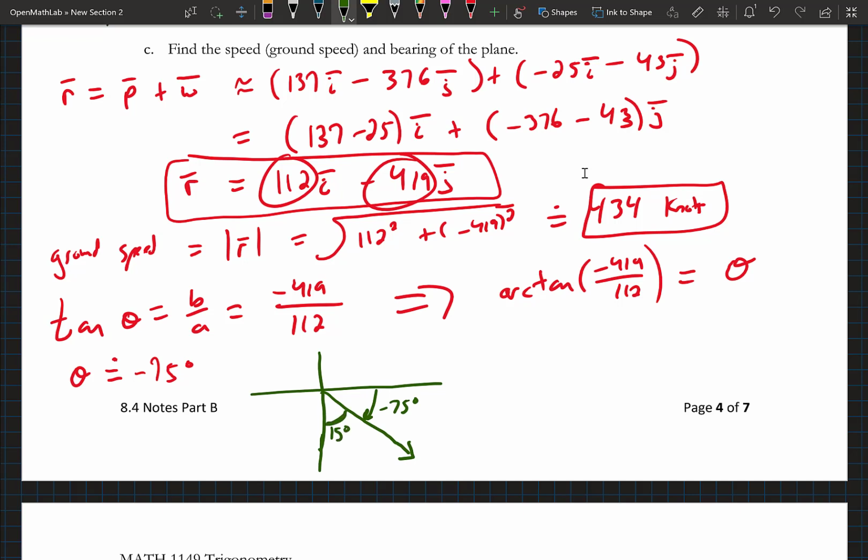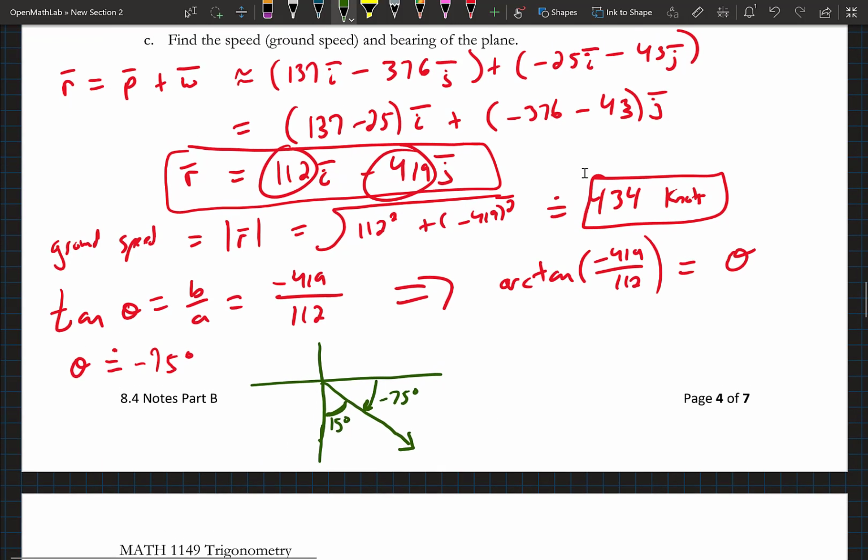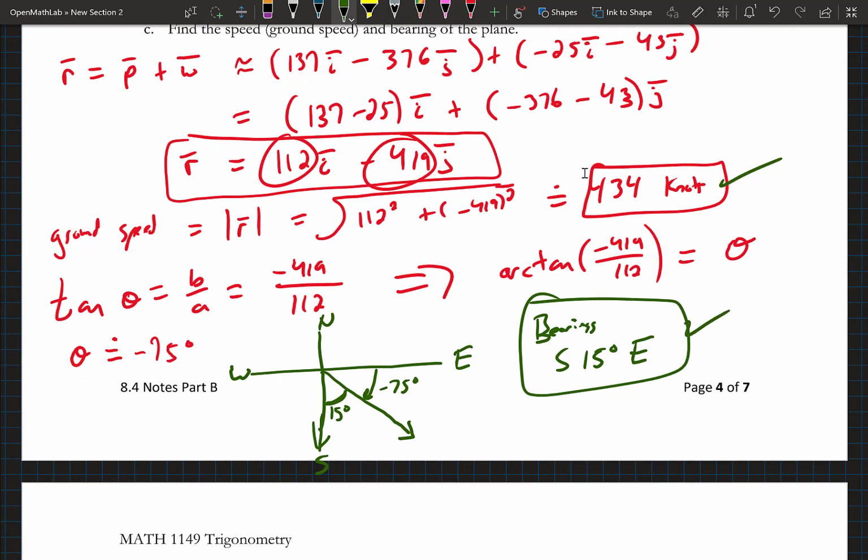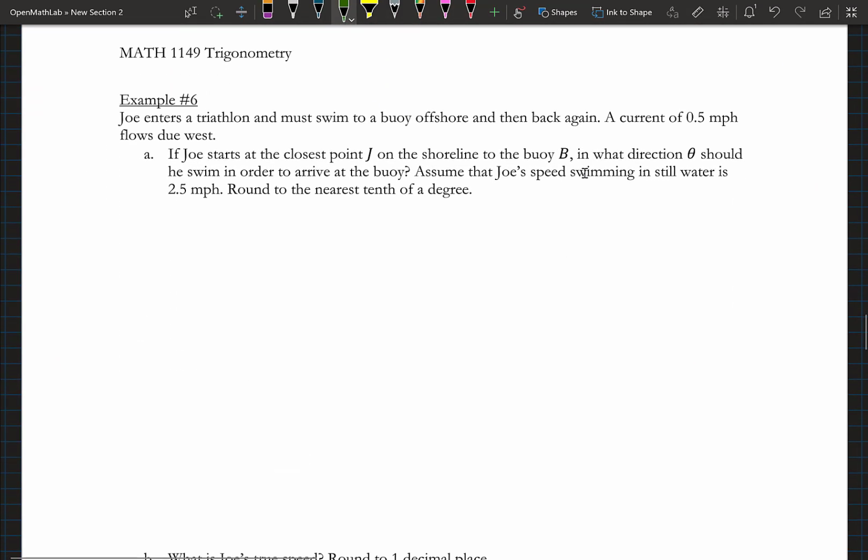Because they're complementary. They're going to combine to be a 90-degree angle, 75 and whatever this missing angle is, right? So the bearing of that would be, so we're going south, so this would be south 15 degrees east, right? Because we're going south, but then going 15 degrees towards the east direction, right? So this would be the bearing, which is the second part, right? So we have both parts now, right?